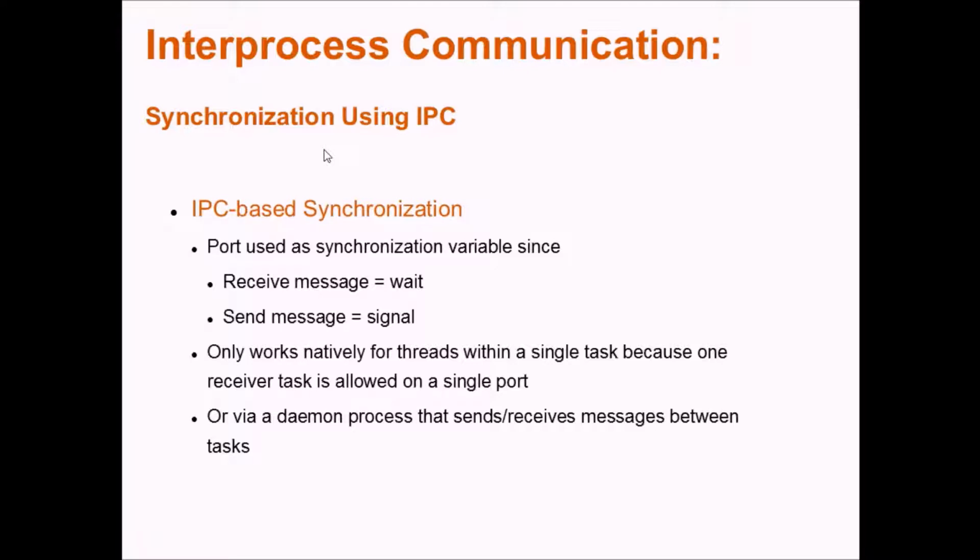It only works natively for threads within a single task, because only one receiver task is allowed on a single port, and it sends and receives messages between the tasks.